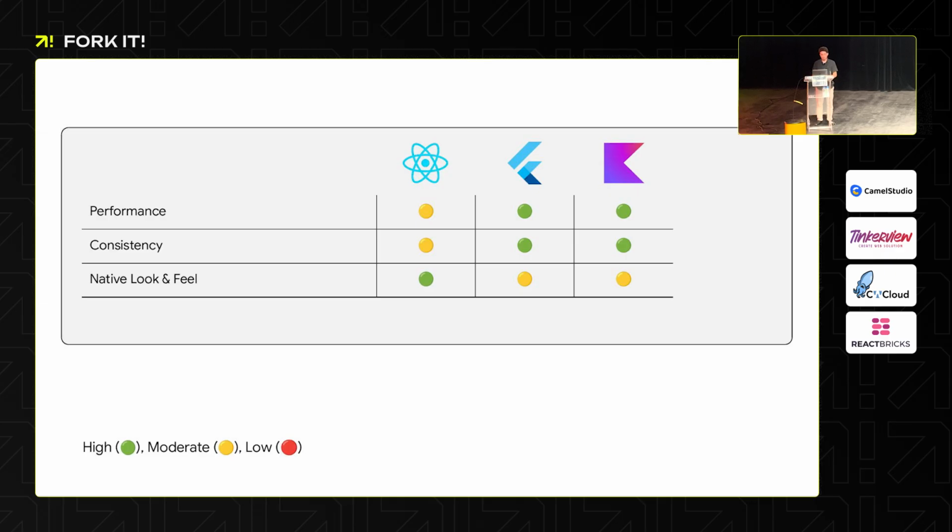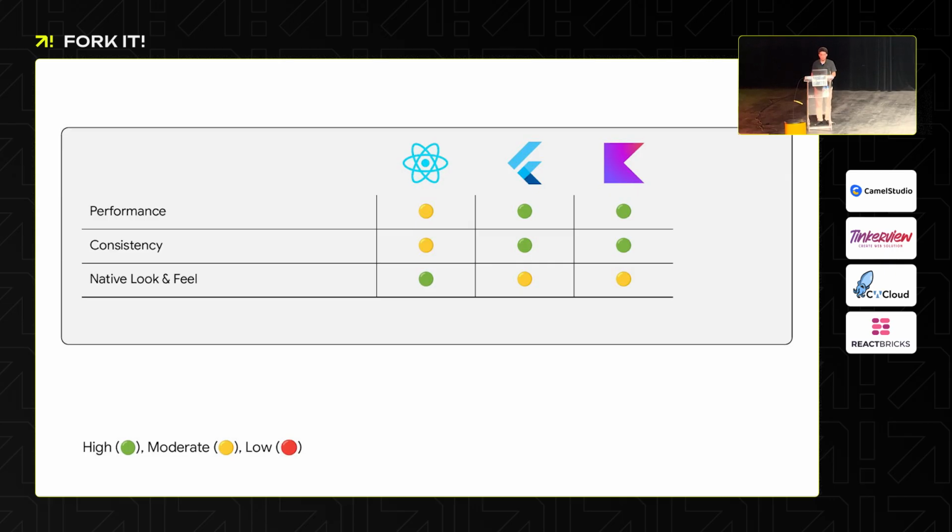So which is what we have here. A native look and feel. In React Native, you're going to get a native look and feel. So what we mean by native look and feel, the components are not the same for iOS and Android. Apple has its own design system. Google has its own design system. Each company has its own design system.